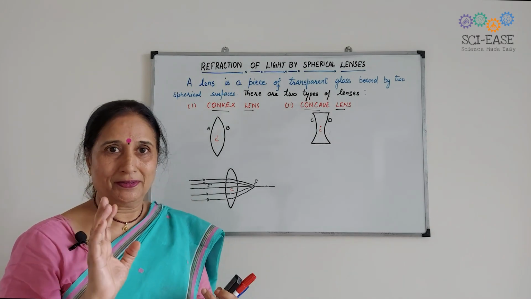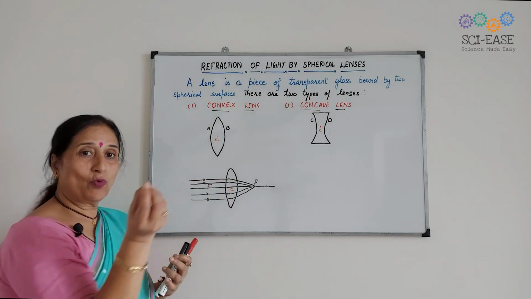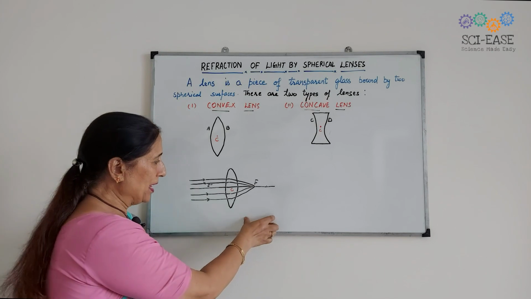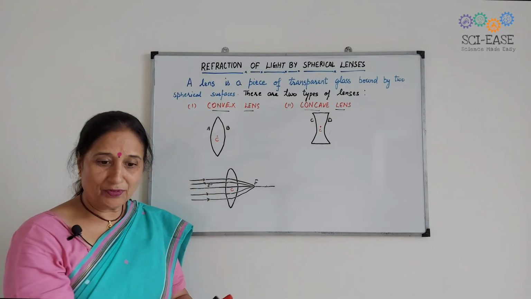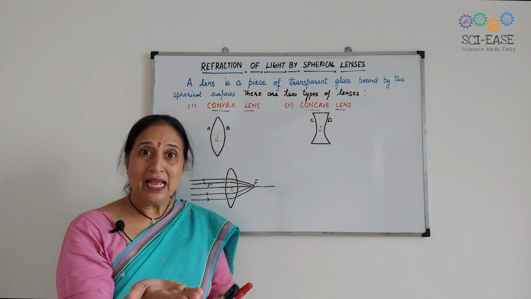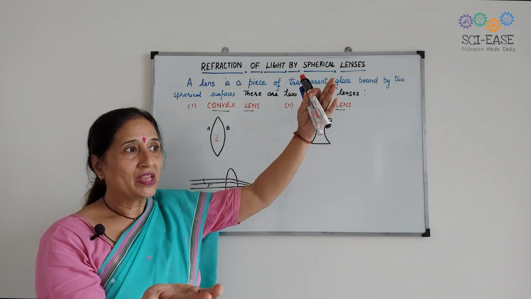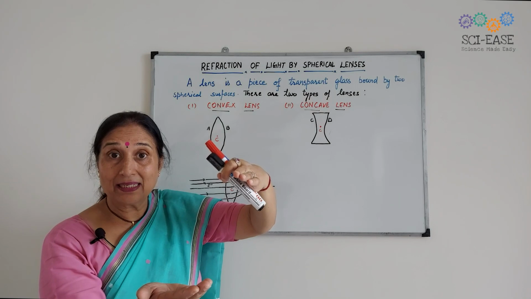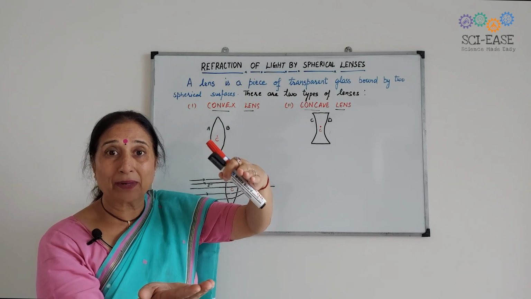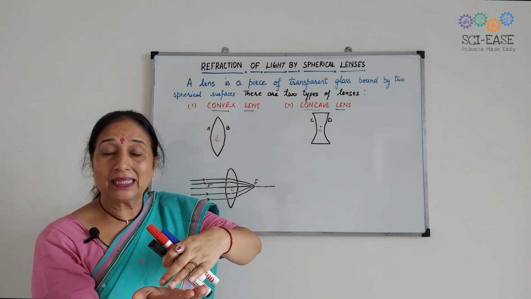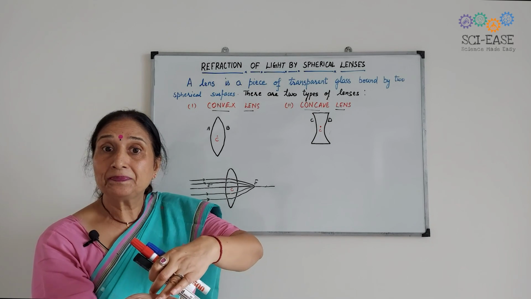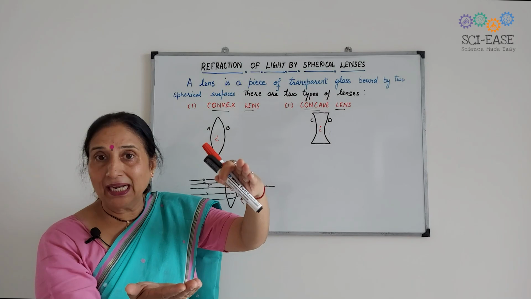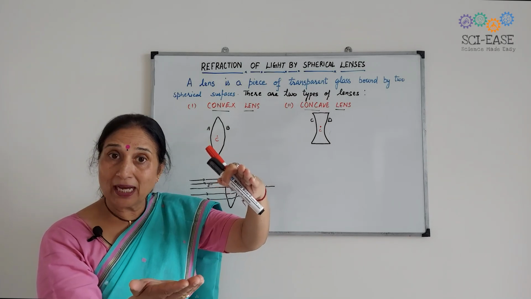But one activity I want to tell you about: you place one paper on the ground, and place the convex lens in such a way that the bright image of the sun is formed on the paper. Keep the lens as it is for some time.